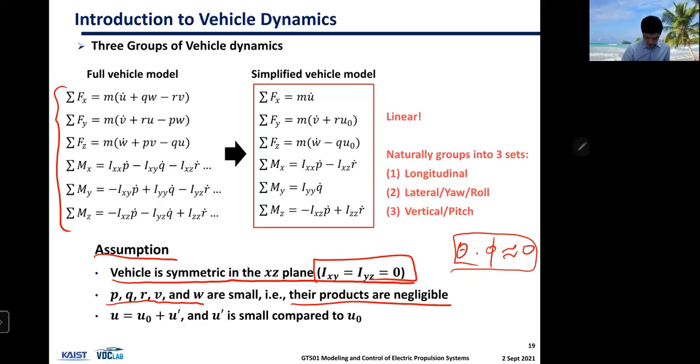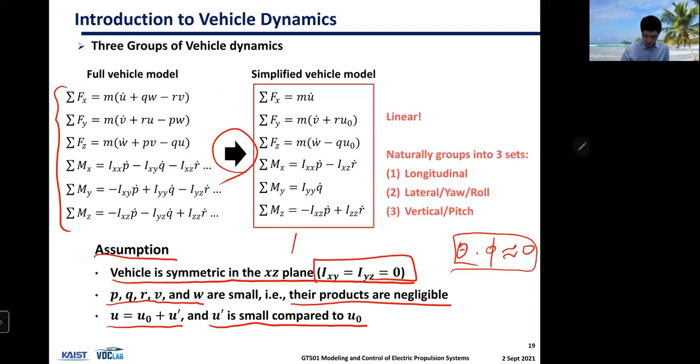And U equals U naught plus U prime, where U naught is some baseline speed, and U prime is the delta speed change with respect to the base speed. And if we assume U prime is small compared to U naught, then these 6 equations get simplified.